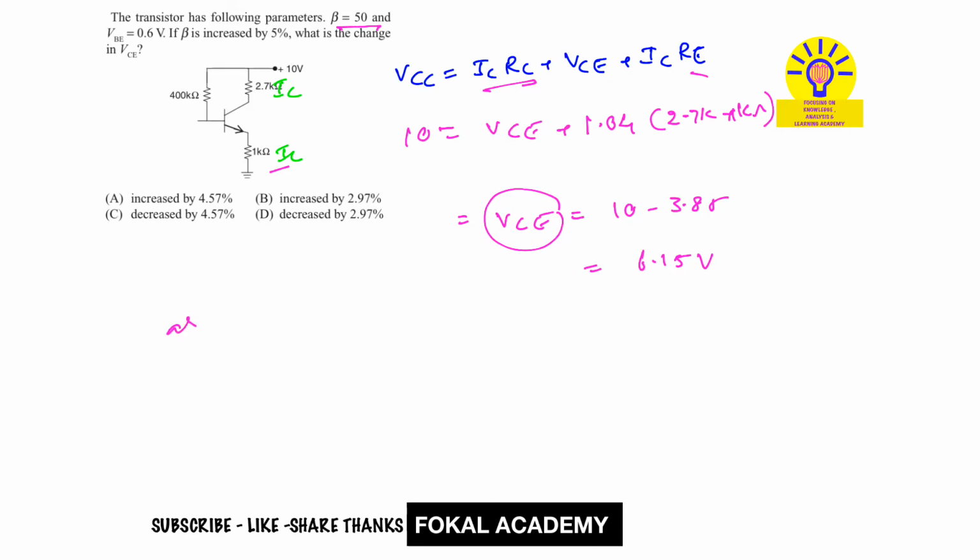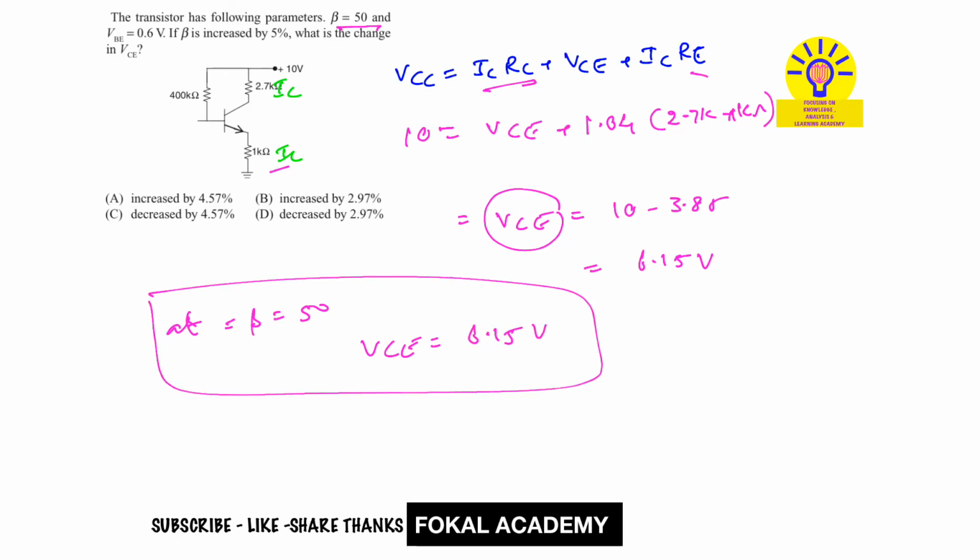So at beta equal to 50, VCE is 6.15 volts. Now increase the beta value by 5%. Then again calculate with the same procedure, and we get the VCE value. Now compare the two VCE values.